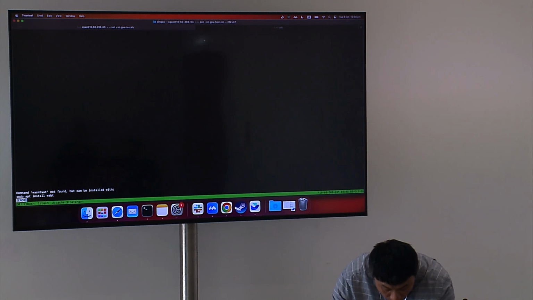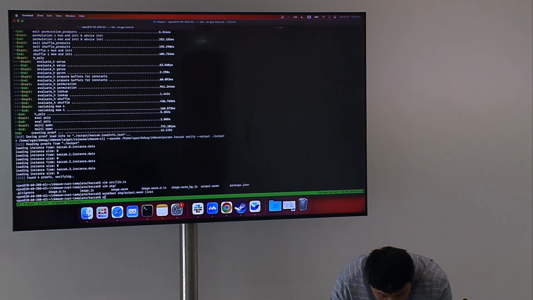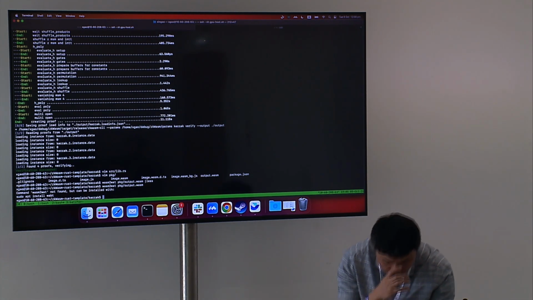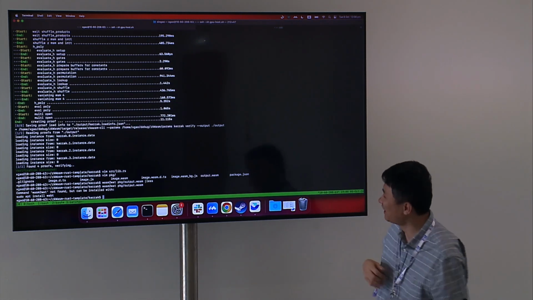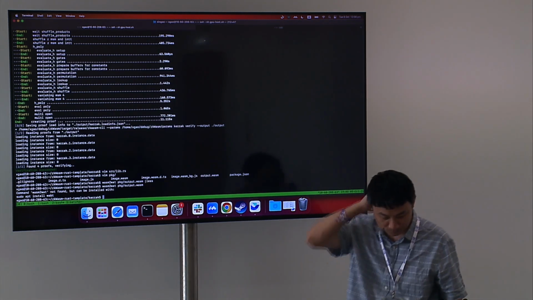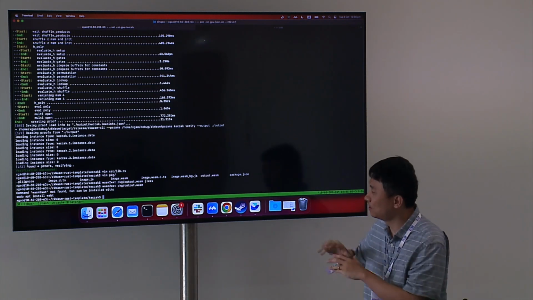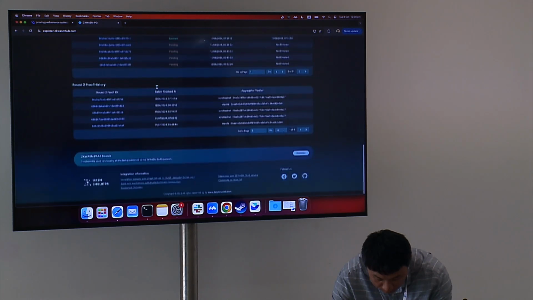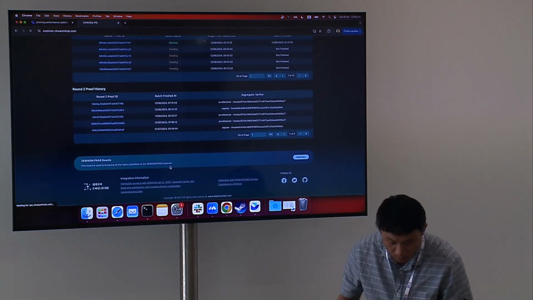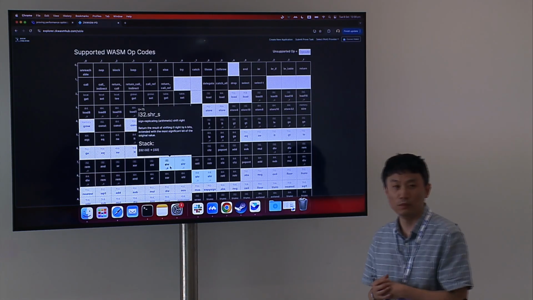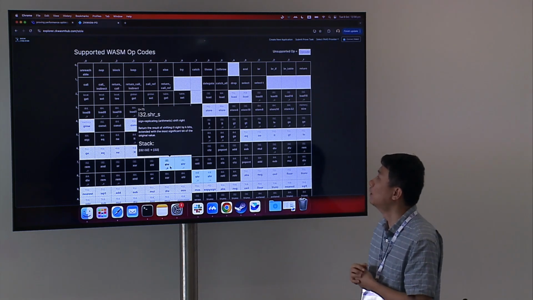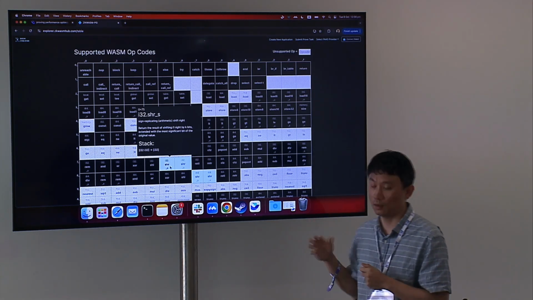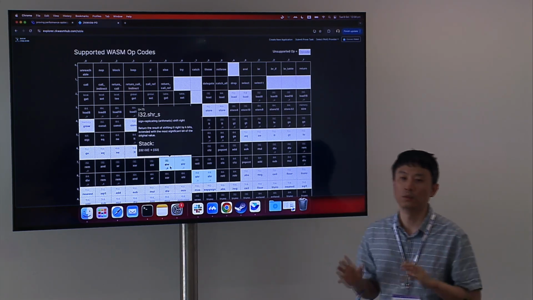Sorry, I did not install the decoder for WebAssembly, but the idea is that it has about 148 instructions, which is the whole instruction set of WebAssembly, and it is 64-bit throughout.